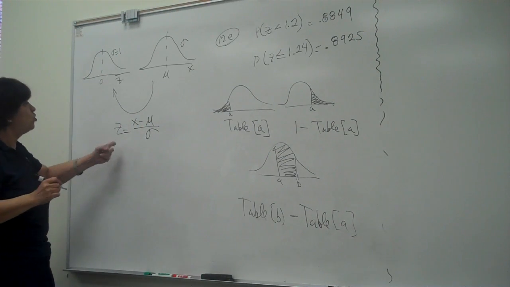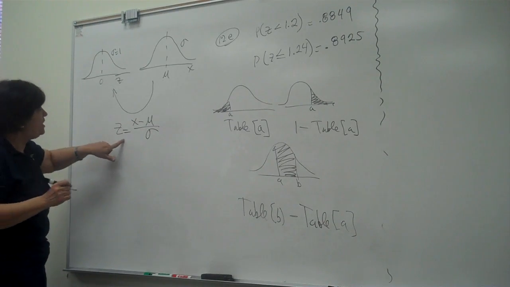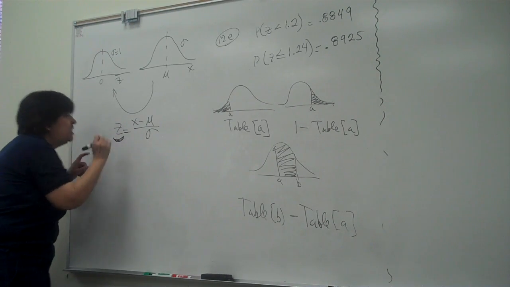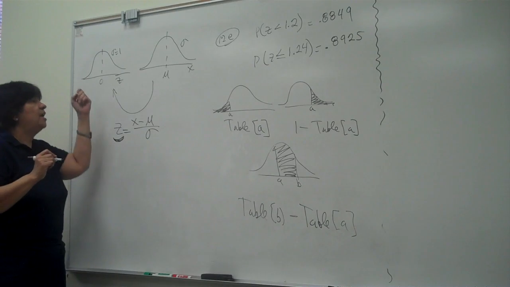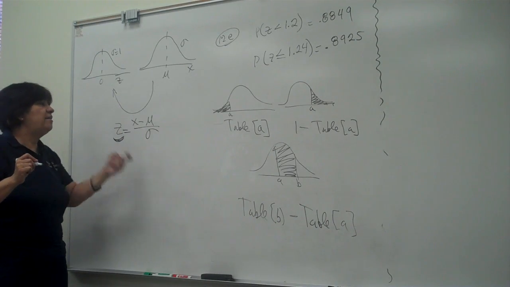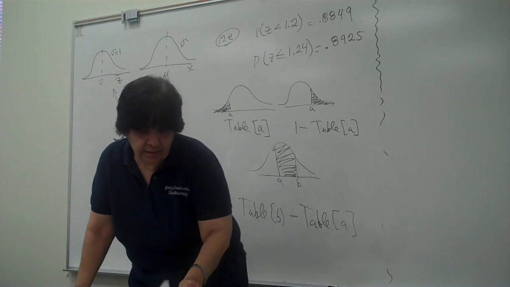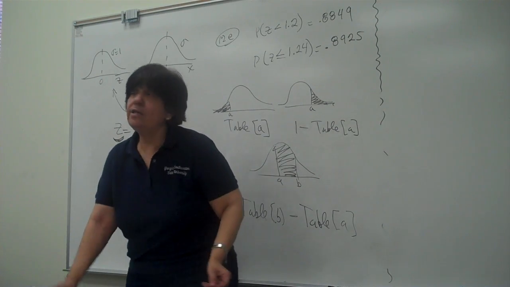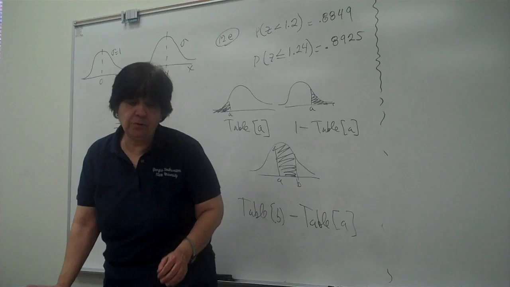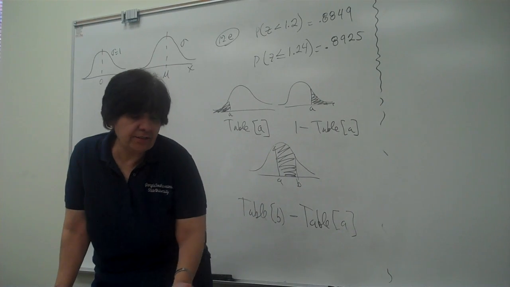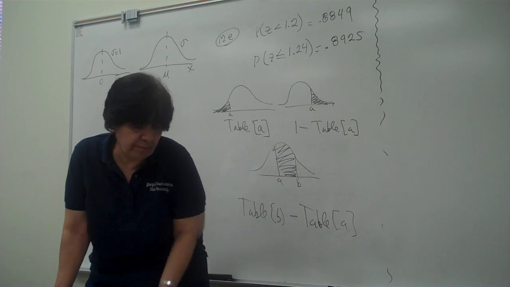So we are going to transfer to the Z probability distribution, to the standard normal distribution, whatever value is in here. And let's do one. And guys, this is the only formula that I require you to memorize. Z is equal to X minus mu divided by sigma.